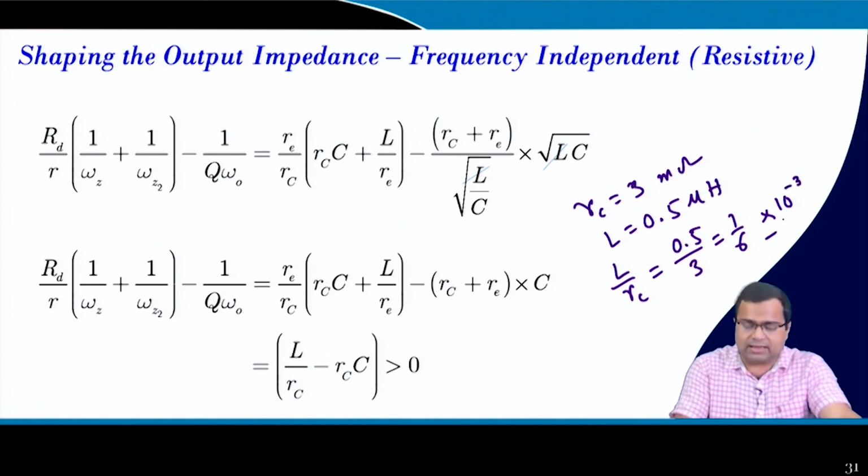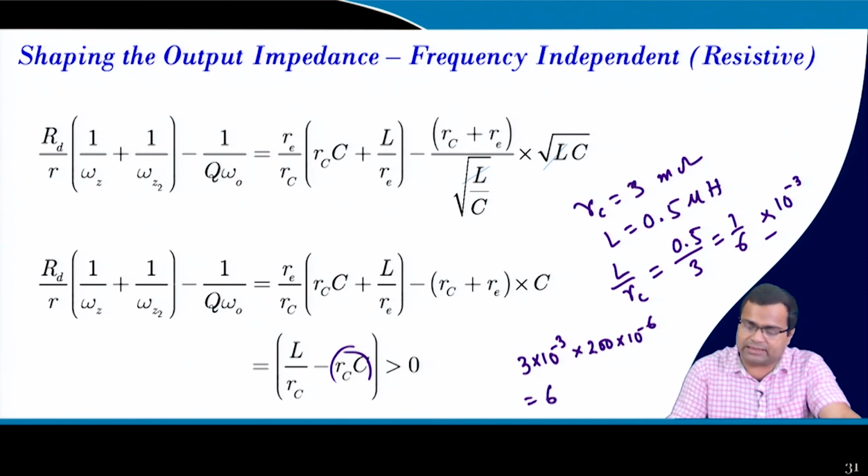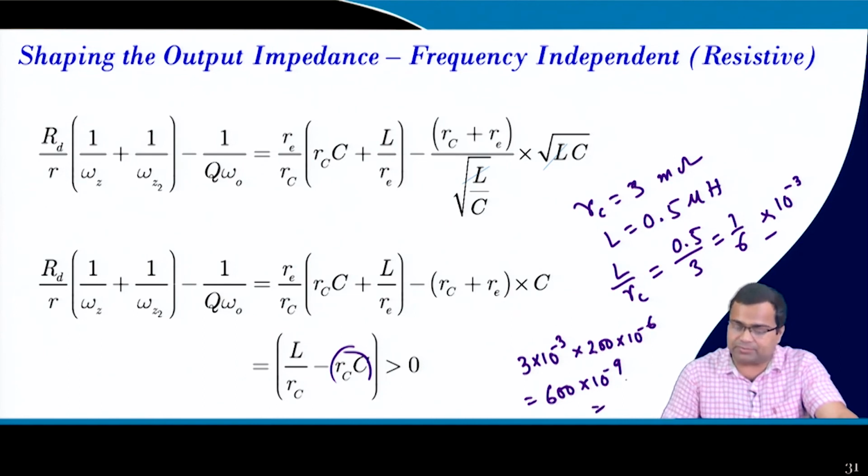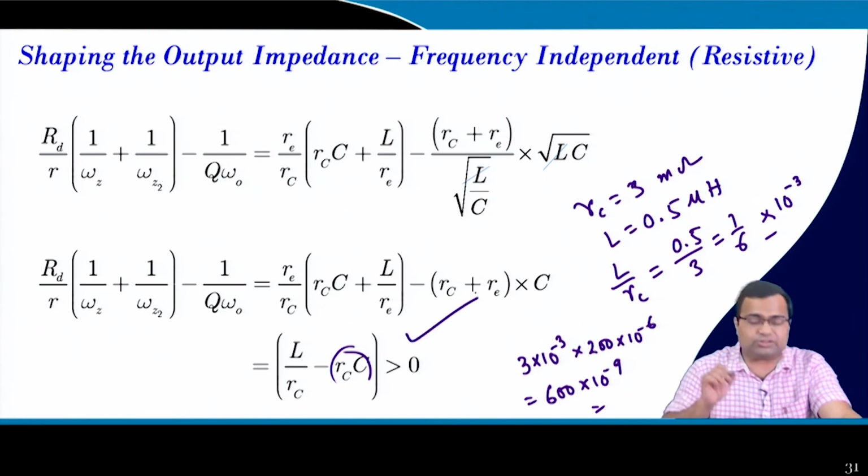I will check that. And what will this be? It will be 3 into 10 to the power minus 3 into 200 into 10 to the power minus 6. So, we are getting 600 into 10 to the power minus 9. That means this term is positive, okay.